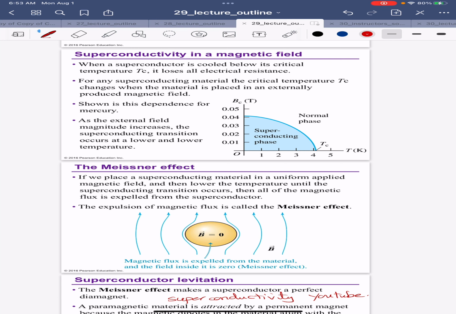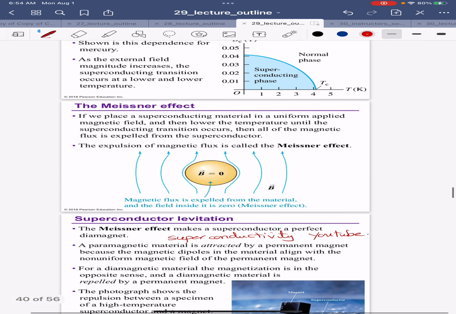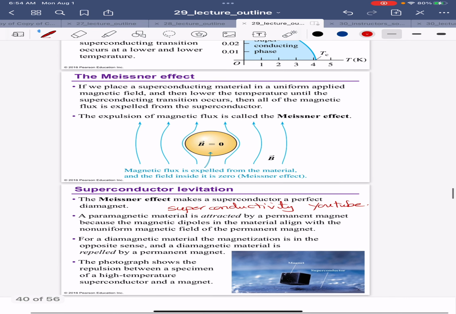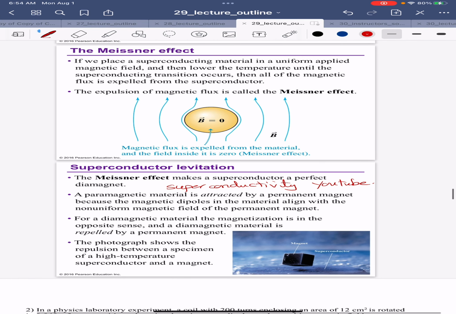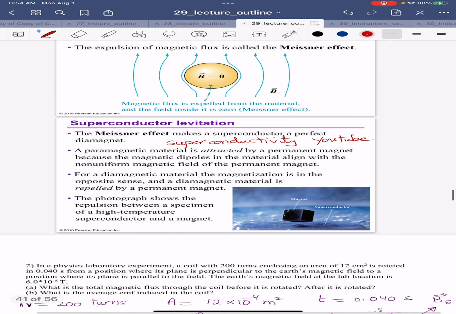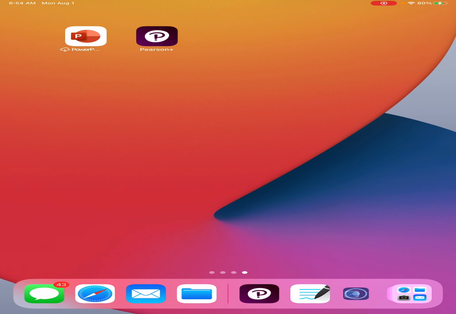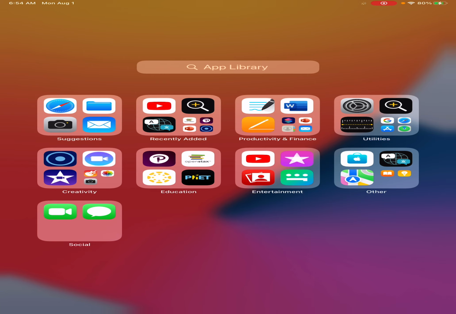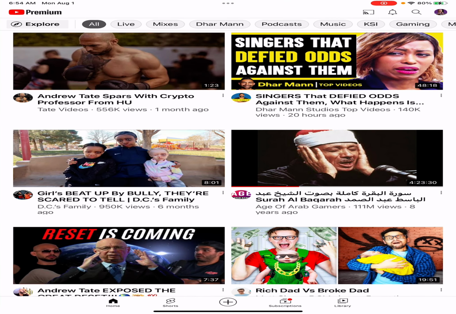When we place the superconducting material in a uniform applied magnetic field, and then lower the temperature to a certain temperature, all the magnetic flux is going to be expelled from the conductor. This is a very promising technology, and I want to share with you a video here about superconductors. This is the last thing that we are going to do with this chapter.